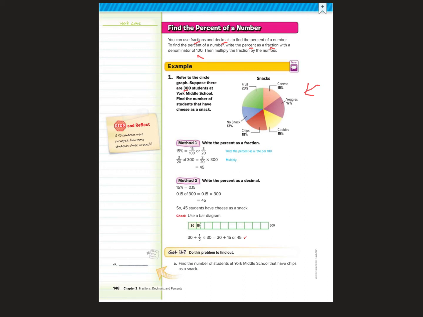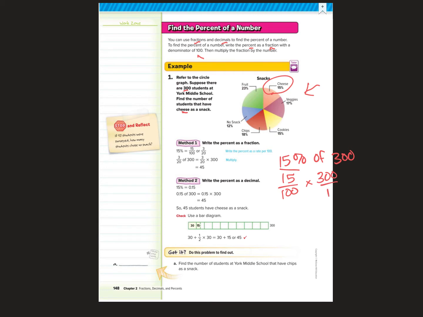Find the number of students that have cheese as a snack. So we want to find 15% of 300 kids. I can write my percent as a fraction and multiply it by 300.